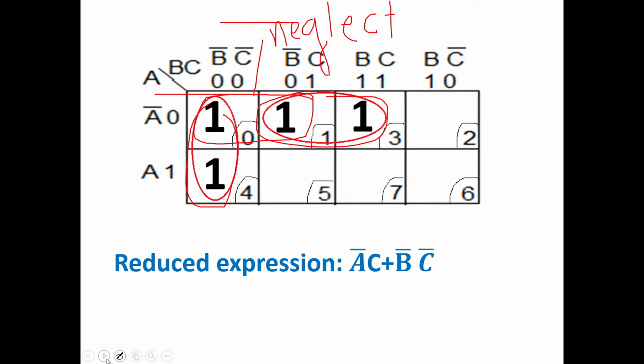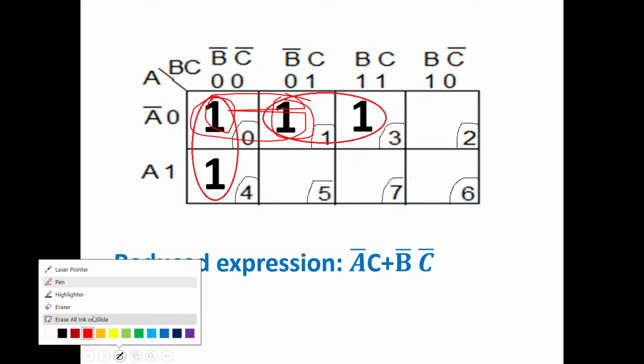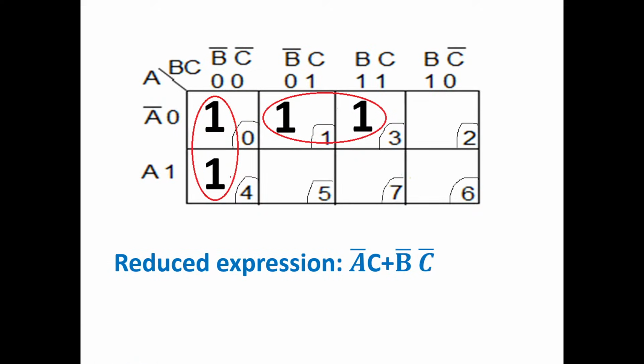If both are already grouped, I'm erasing all. See, this one and this one, they are already grouped with the other numbers. So even if you are able to group this, you can neglect that group. If you neglect that group, only two groups are left over.